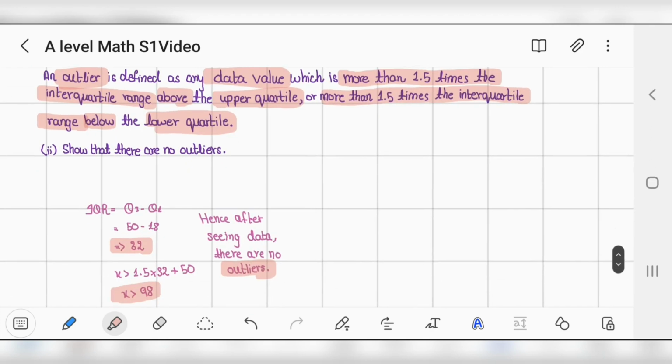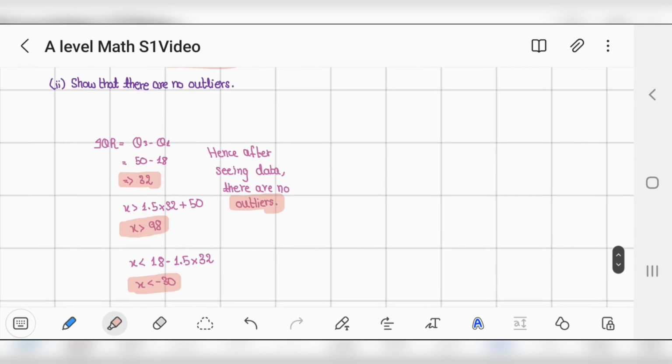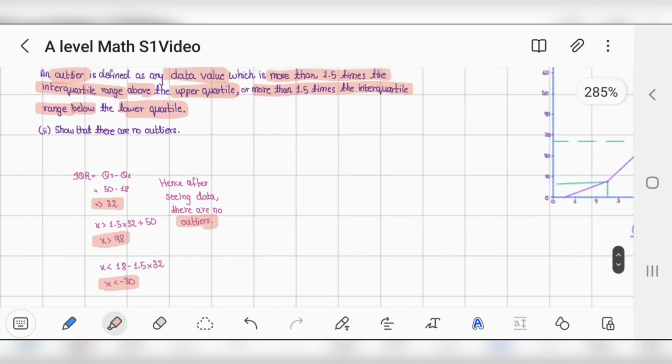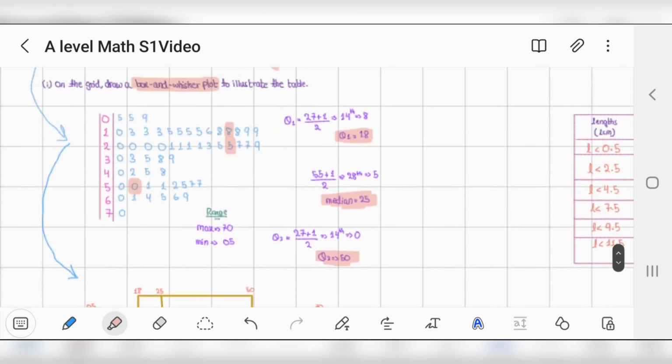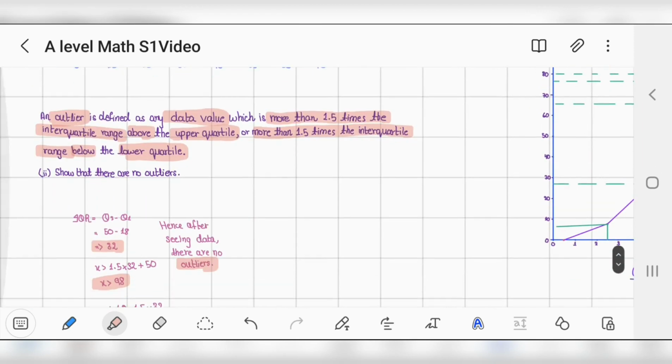Okay, so in the interquartile range, 32 doesn't come in here, neither 50, neither -18. A value which is greater than 98 or less than -30, I don't think there is any such value. The maximum is 70, and the minimum is 0.055.